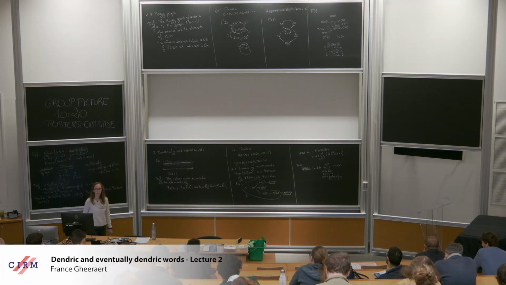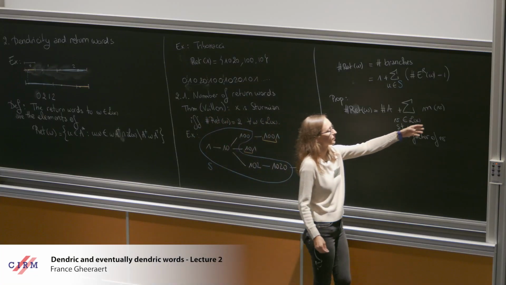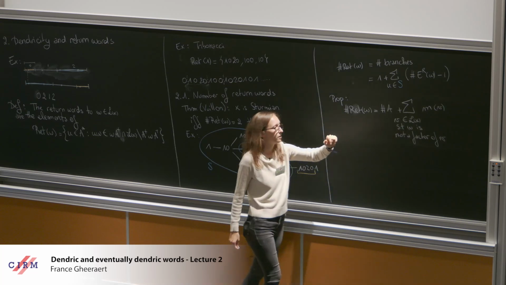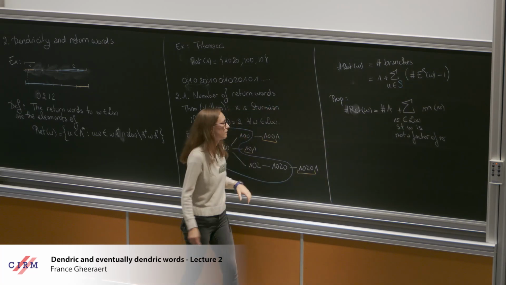Okay, but what can we do with that? Well, the first thing to notice is that if the multiplicities are 0, then the number of return words is simply the number of letters, right?